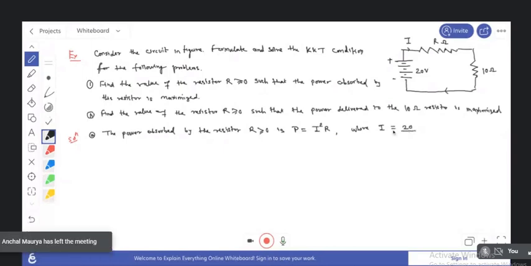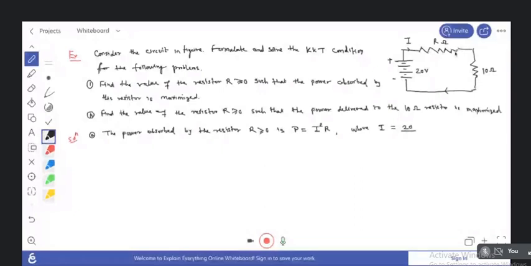Power equals I into V. So 20 equals IR, and power is I squared R. The current is the total voltage over total resistance, since the resistors are connected in series.